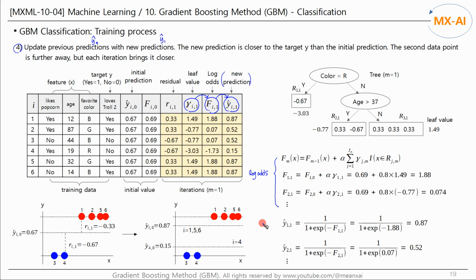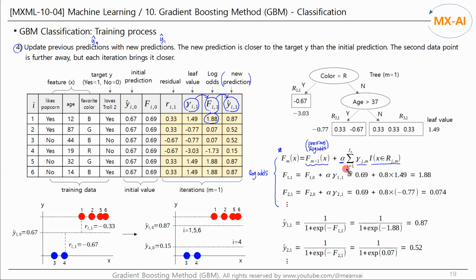Let's estimate the f value for the first data point. The formula for estimating f is like this. The log odds value from the previous round is f, m-1. Alpha is the learning rate, gamma is the leaf value, and I is the indicator function.